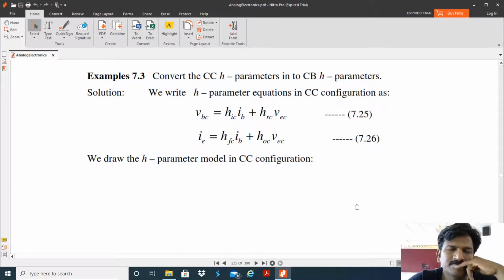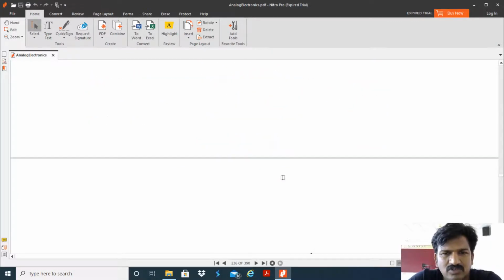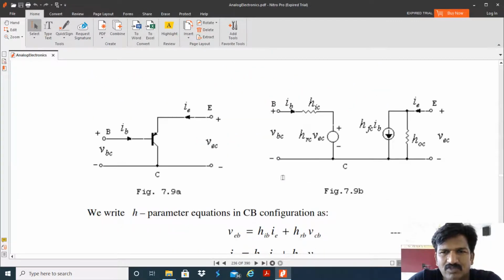First take the CC configuration: VBC is equal to HIE IB plus HRC VEC, and IE is equal to HFE IB plus HOC VEC. Now draw the model for the CC configuration. This is the model for the CC configuration.